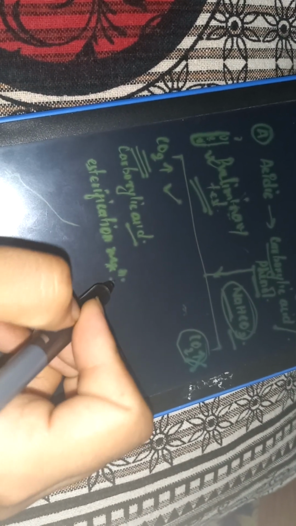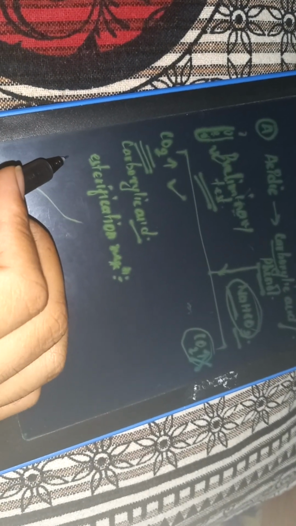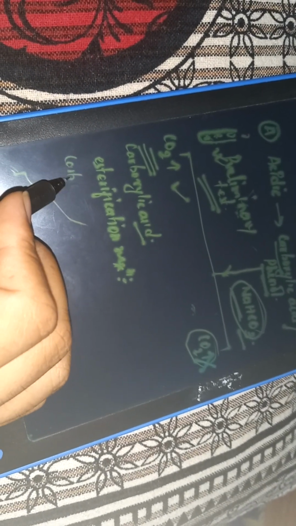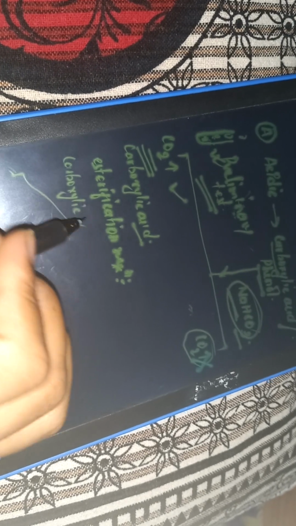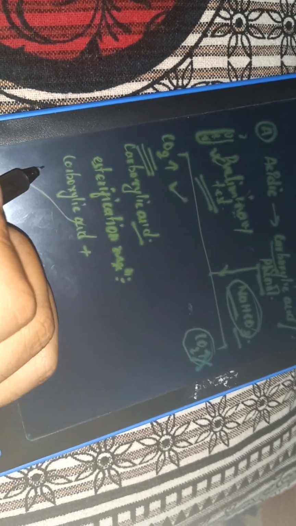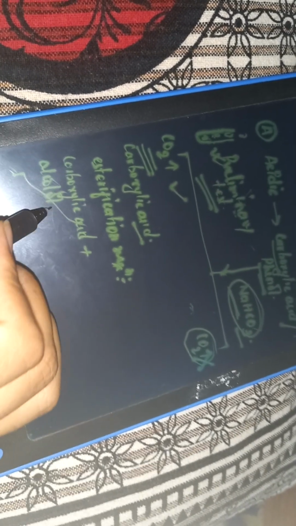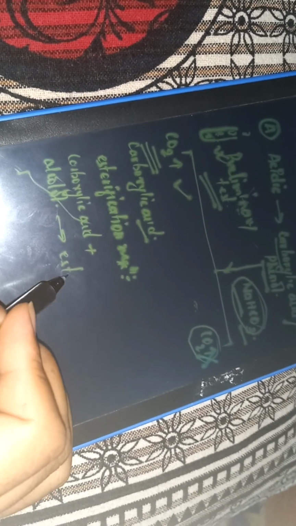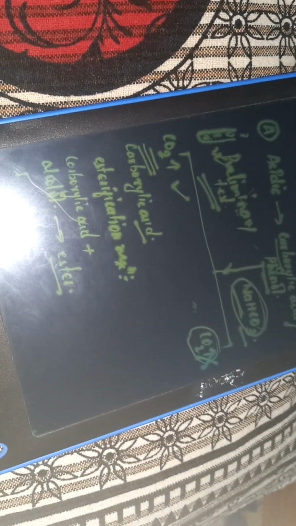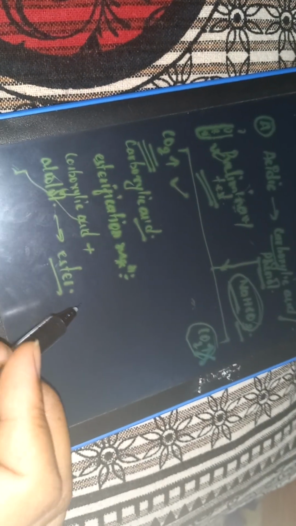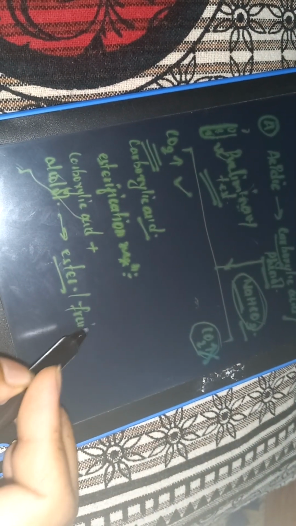In the esterification reaction, you should know that if you give a carboxylic acid plus an alcohol, it gives an ester, which has a fruity smell.